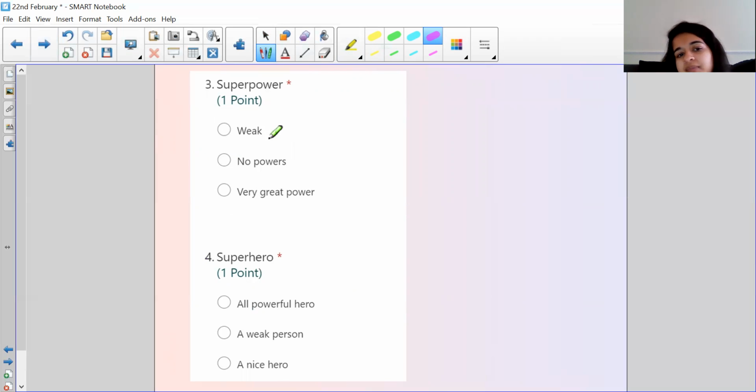Superpower. Does it mean weak? Does it mean no powers? Or does it mean very great power? Superhero. Does it mean an all-powerful hero, a weak person, or a nice hero?